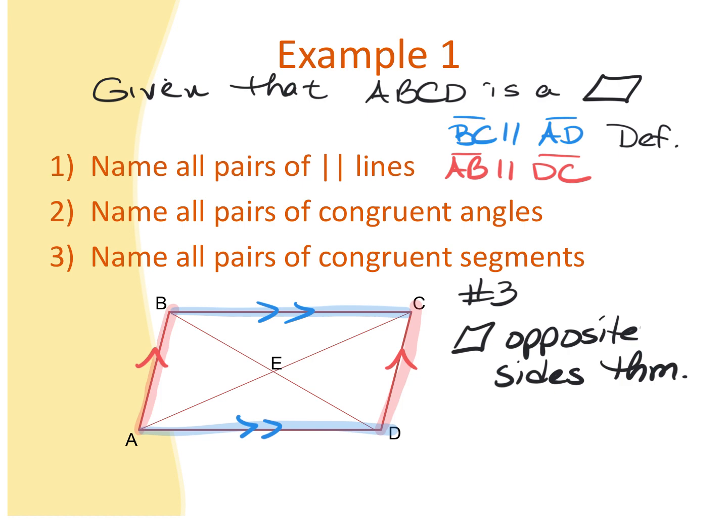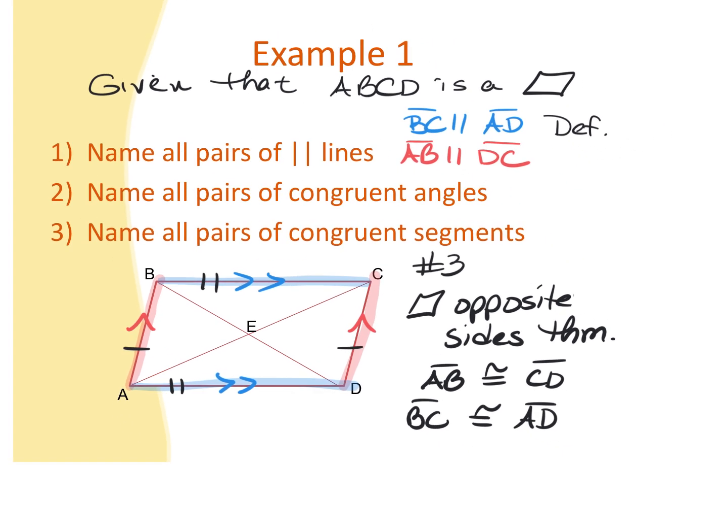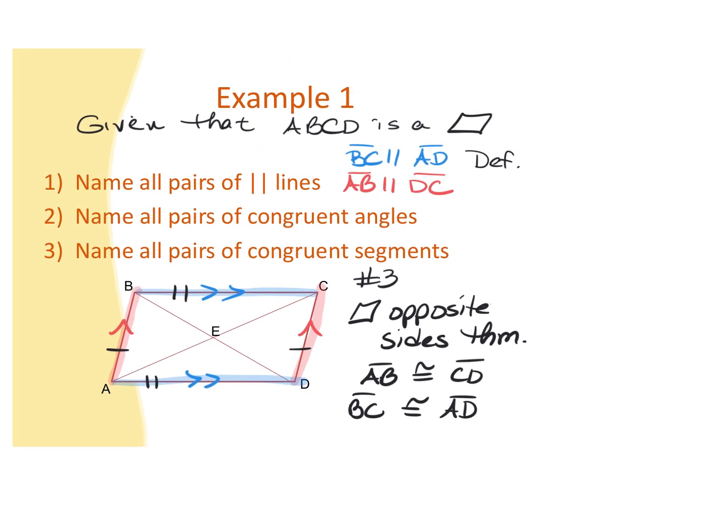I can state that AB is congruent to CD using this theorem. I can also state that BC is congruent to AD. And this is using the parallelogram opposite sides theorem. Now I also have congruent segments on my diagonals. So the next thing I'm going to use is my parallelogram diagonals theorem.